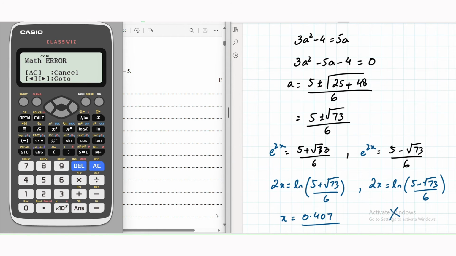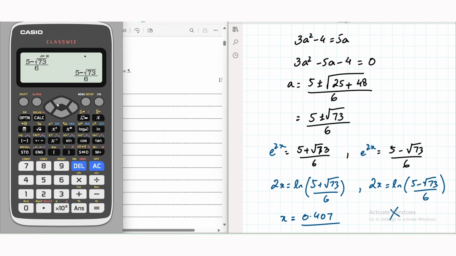Now, how do we test this? We go back to actually get this answer, ln of 5 plus root 73 divided by 6, divided by 2, 0.407.